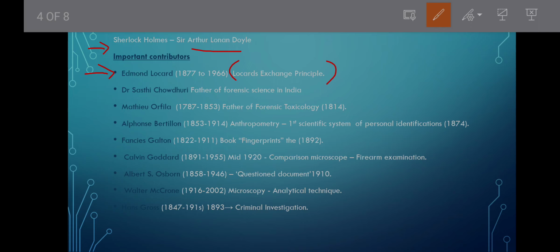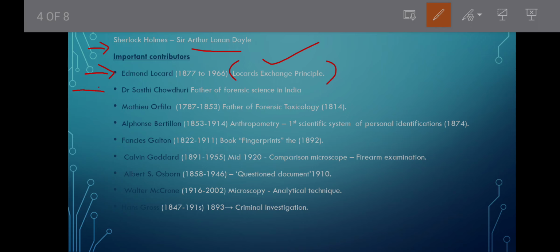He was a French criminologist and a pioneer in forensic science, who came to be known as the Sherlock Holmes of France. And he formulated the basic principle that every contact leaves a trace.